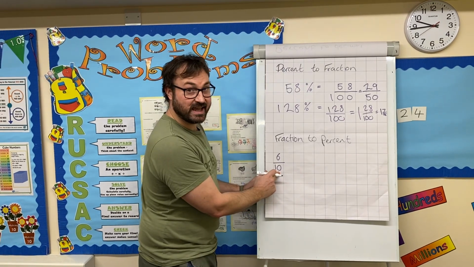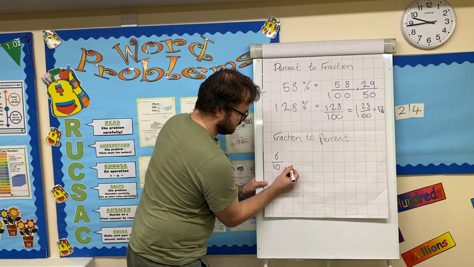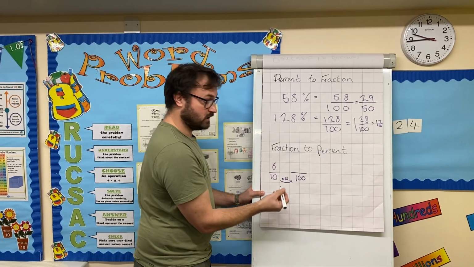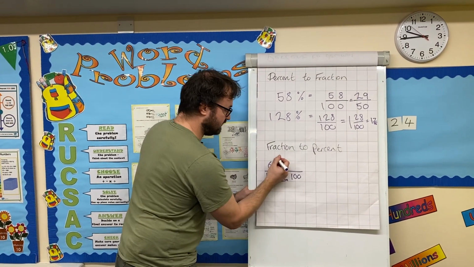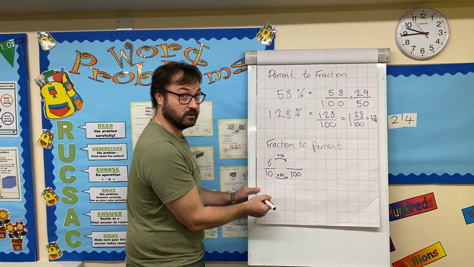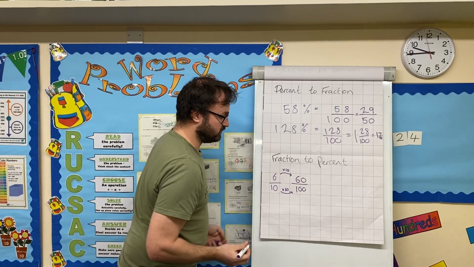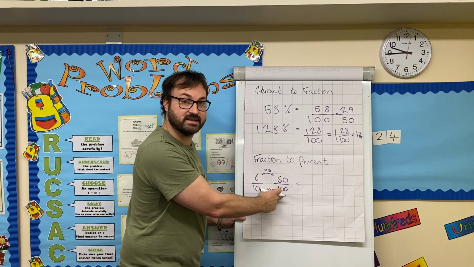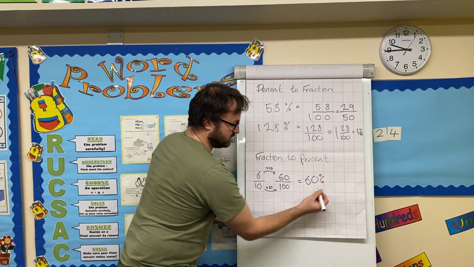So I could change 10 into 100 by multiplying it by 10. And whatever I do to my denominator, I've also got to do to my numerator, so that the fraction is an equivalent fraction. So times that by 10, 60 over 100. And now you know that if you've got 100, that is percent of 100, that is 60%.